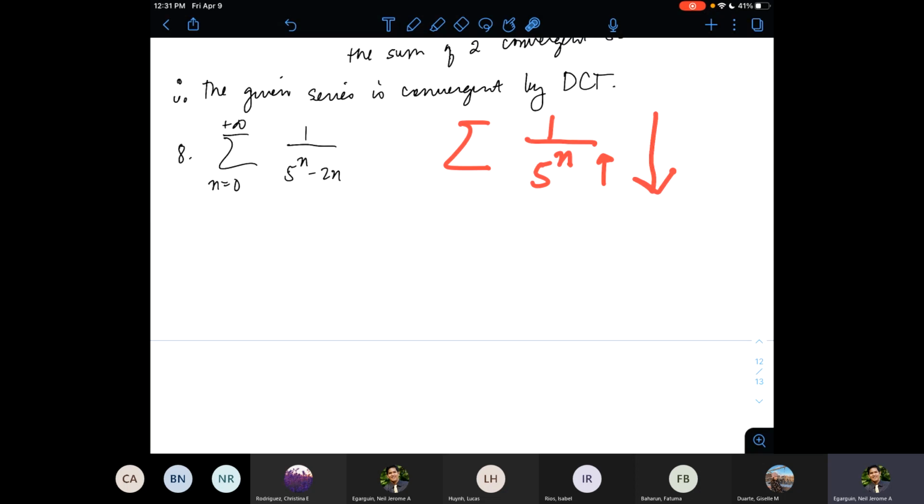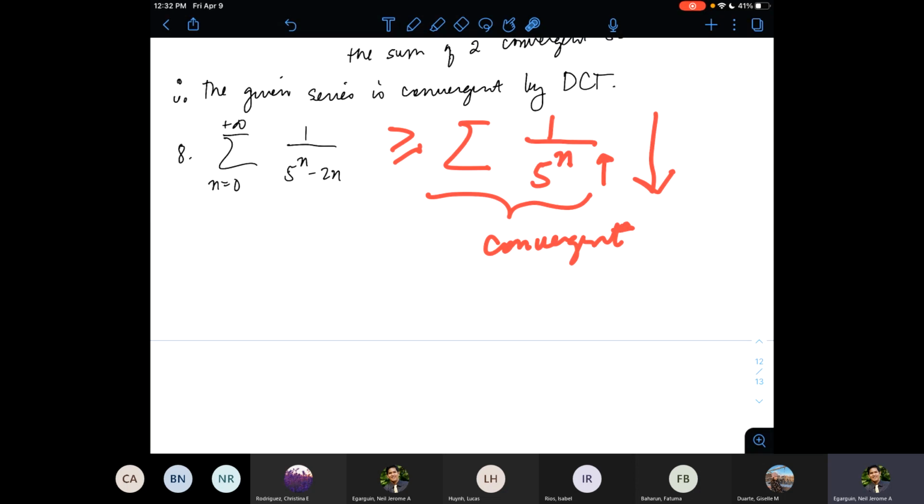That makes the entire fraction smaller, okay? So this would be smaller, okay? But what can we say about this series? This series is convergent because it is a geometric series with common ratio 1/5, because you can look at 1 over 5 to the n as 1/5 raised to the power n, okay?